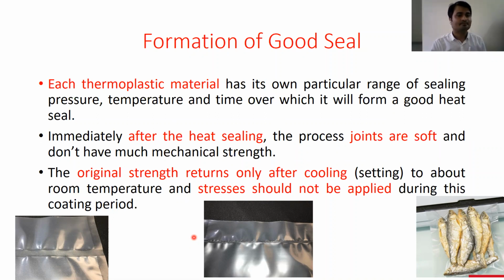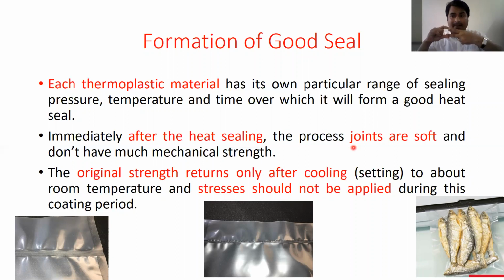Okay? So each thermoplastic material has its own particular range of sealing pressure, temperature, and time over which it will form a good heat seal. Immediately after heat sealing, one thing: when we are applying heat, what will happen?